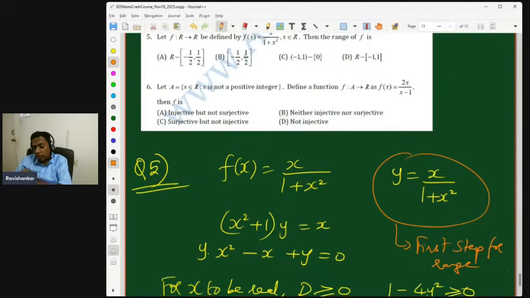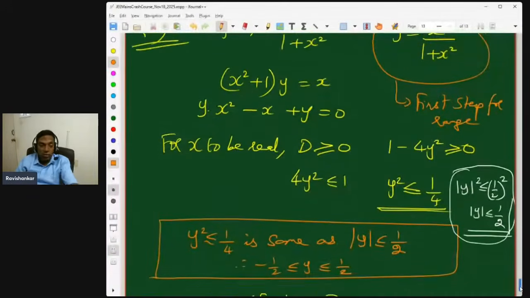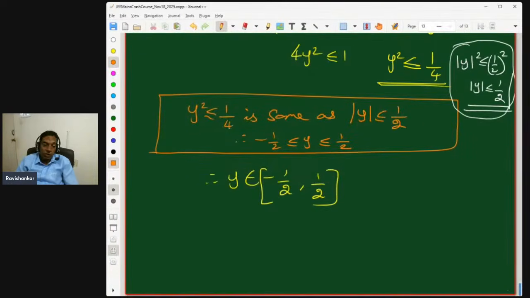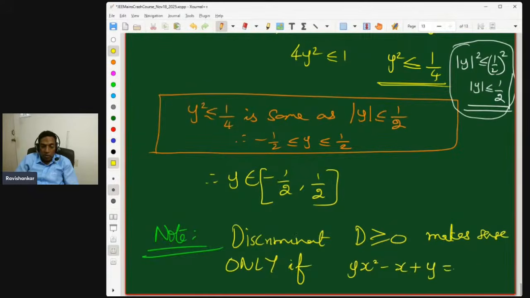Now I know that many of you would have missed one following trick. This whole notion of taking discriminant, okay, applies only in discriminant D greater than or equal to 0 makes sense only if yx squared minus x plus y is a quadratic.